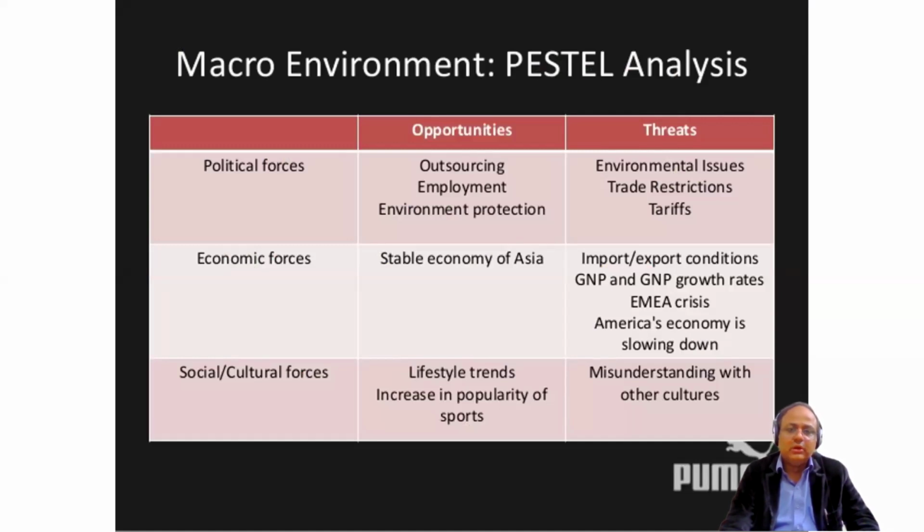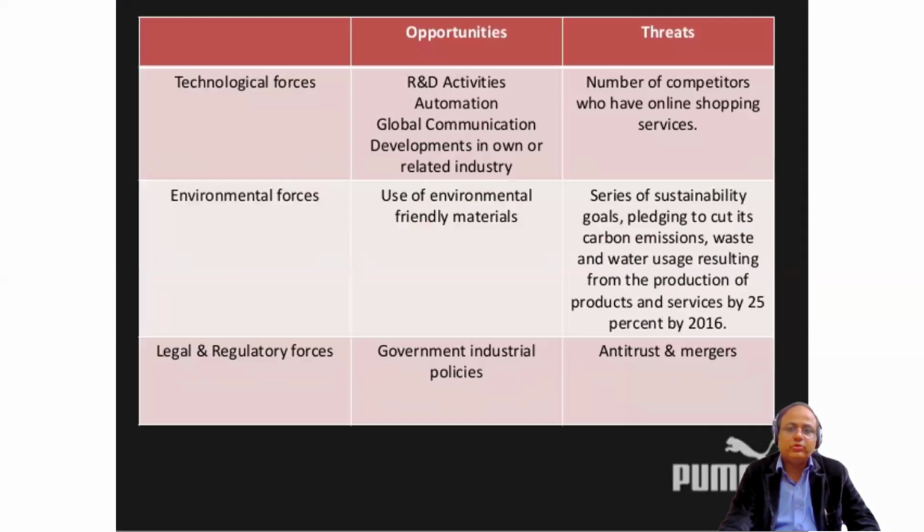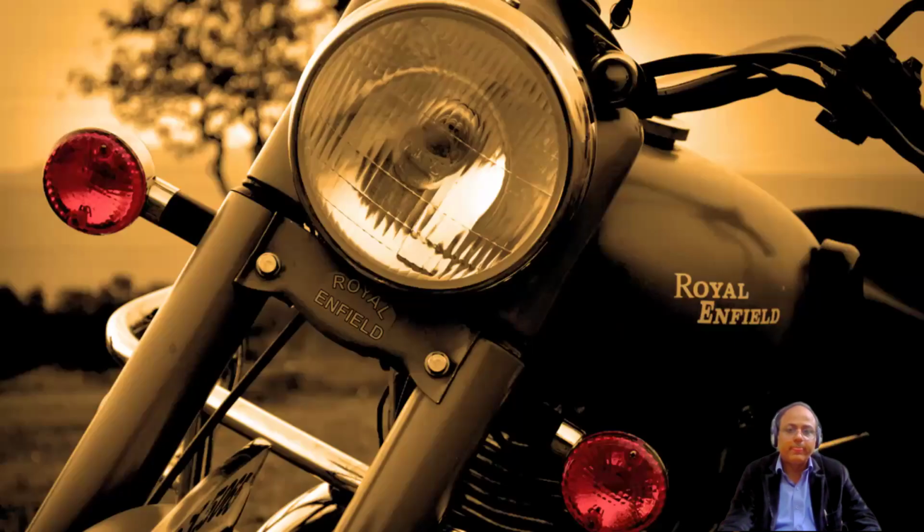As you can see, political forces, economic forces, socio-cultural forces, and technological forces. In technology, there is automation and R&D activities. Environmental forces include the use of environment-friendly material for Puma, and legal and regulatory forces include the government industrial policy for Puma.